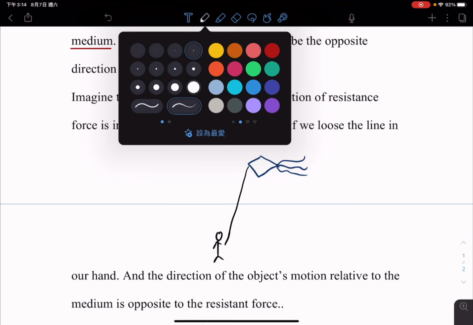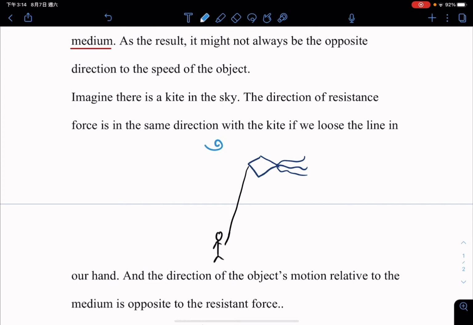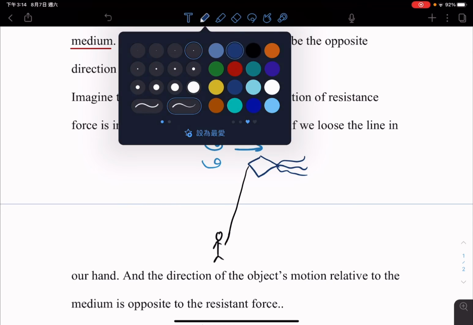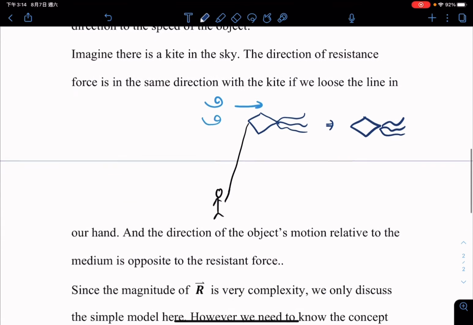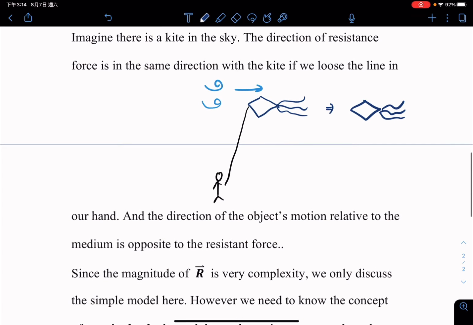So if we lose the line in our hand, the kite will be pulled this way, right?